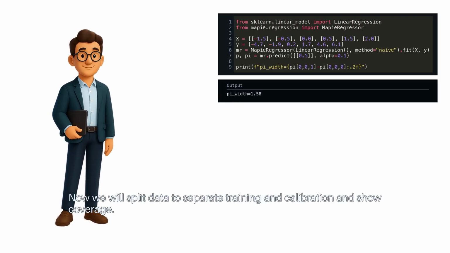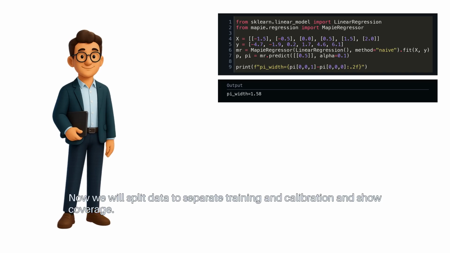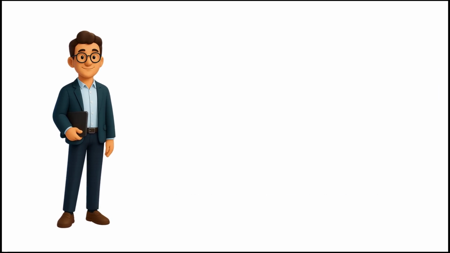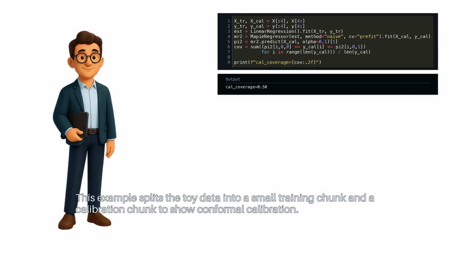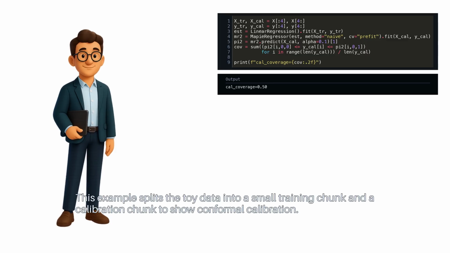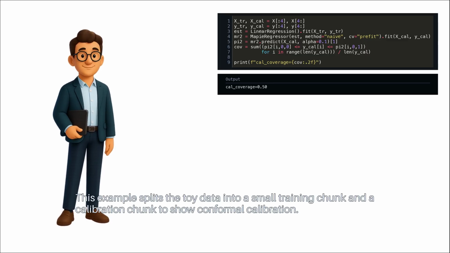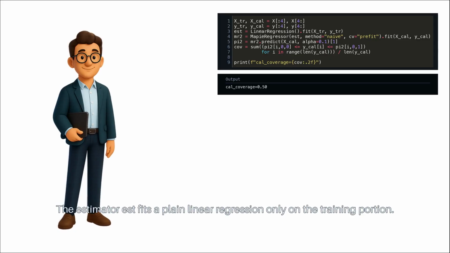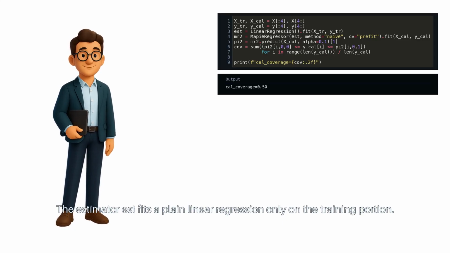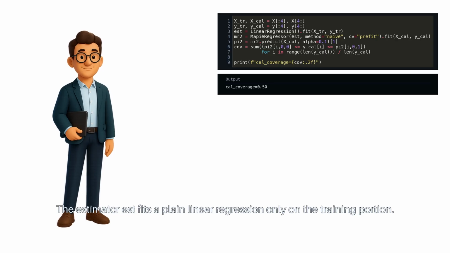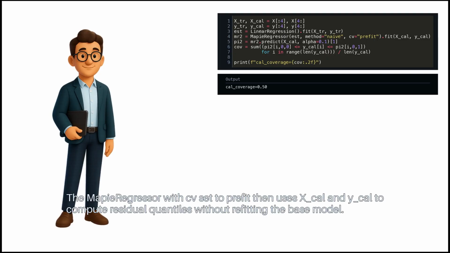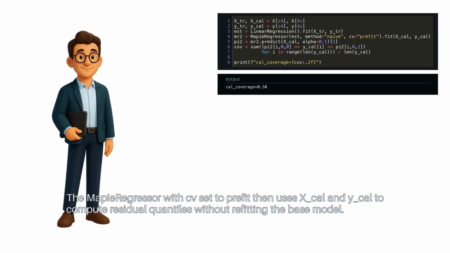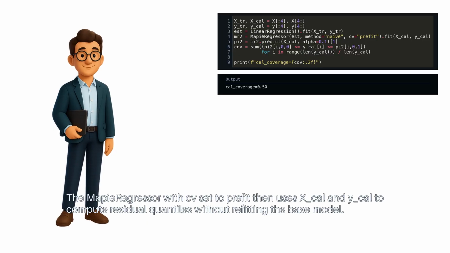Now we will split data to separate training and calibration and show coverage. This example splits the toy data into a small training chunk and a calibration chunk to show conformal calibration. The estimator est fits a plain linear regression only on the training portion. The MapieRegressor with CV set to prefit then uses xcal and ycal to compute residual quantiles without refitting the base model.